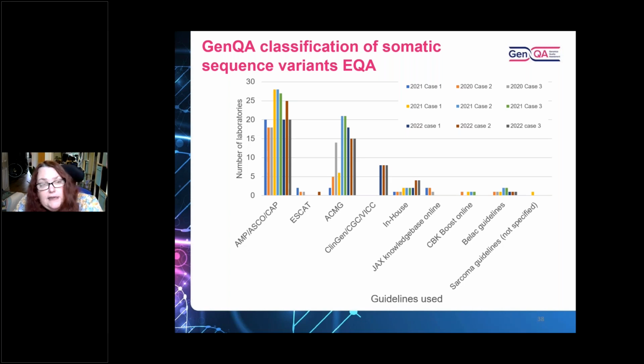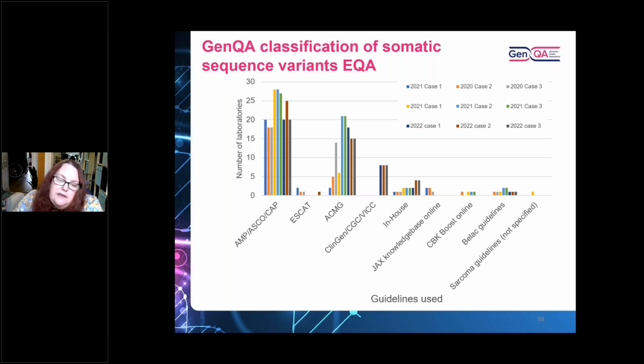These are the Lee et al. guidelines published in 2017 about actionability. A lot of labs will also use these in combination with the ACMG, this is Richards et al. 2015, which is about pathogenicity guidelines. But there are a bunch of other guidelines that people are using, which are available out there.